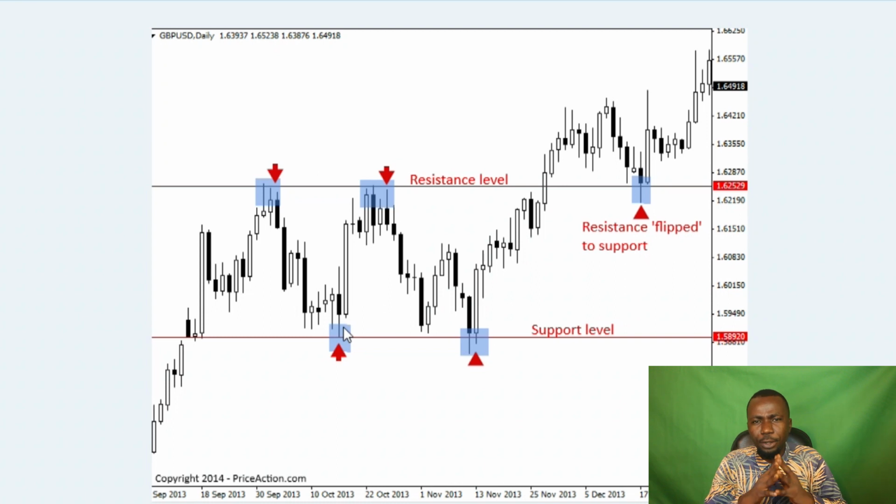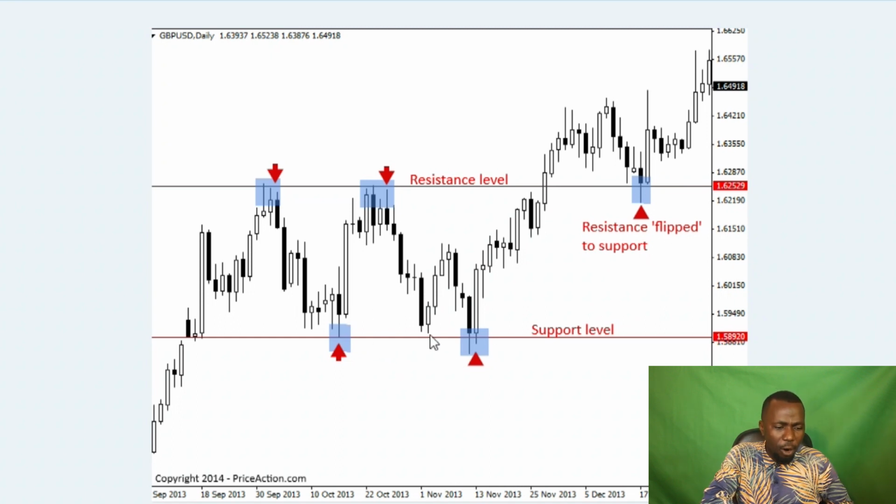So now what are you doing? You are waiting for the price to come back again to this resistance level so that you can take your sell trade, right? So when price gets to this resistance level, you simply place your sell trade, then put your stop loss above here. Then where are you going to take your profit? You are taking your profit at a support level, right?